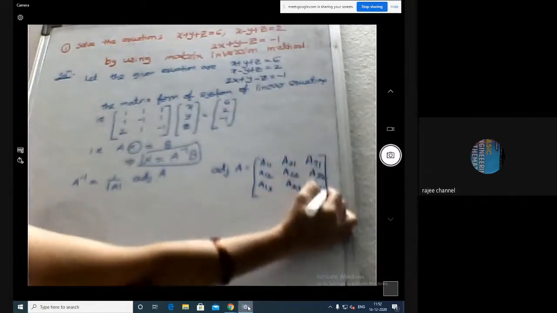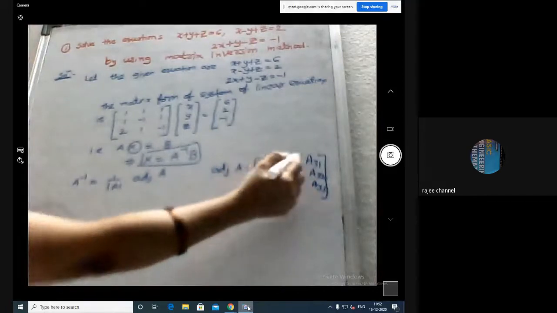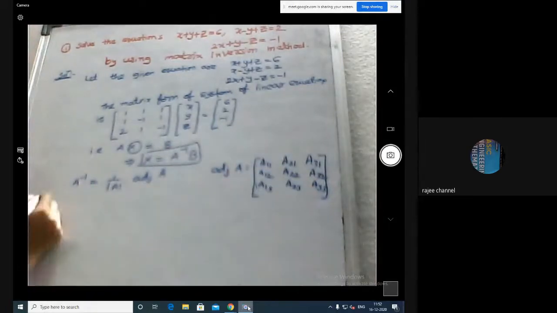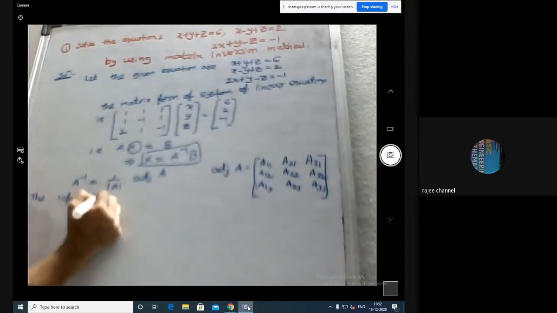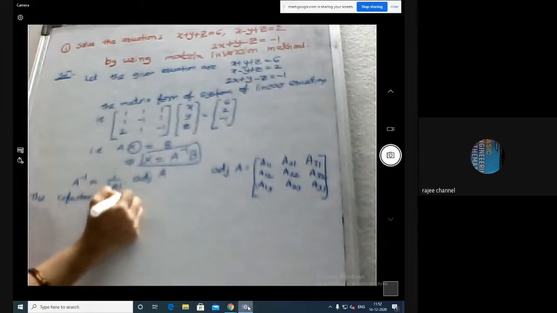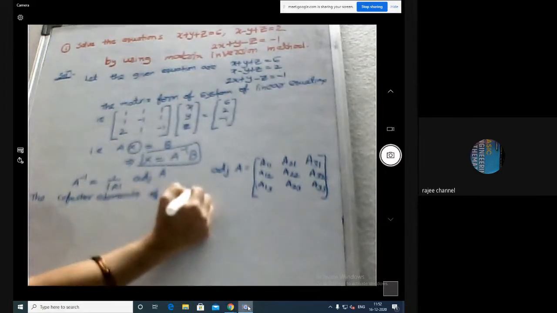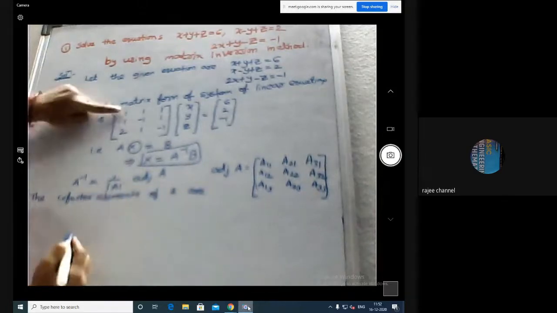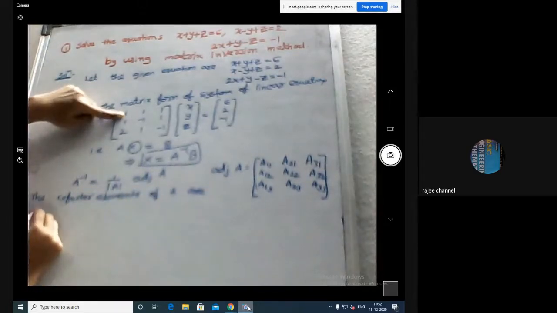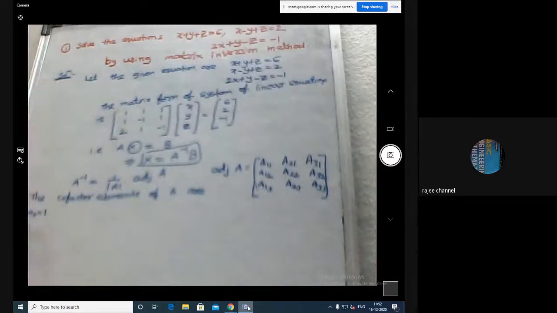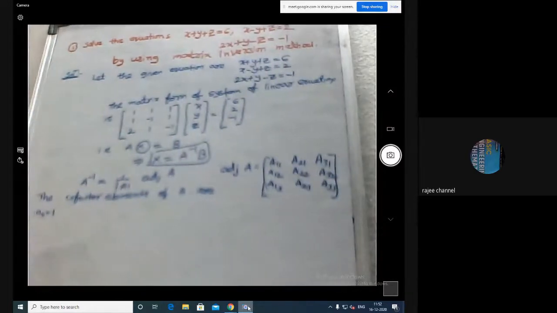For that we find the cofactor elements. The cofactor elements of A are: first, element A11 is equal to 1. Okay, A11 is equal to 1.